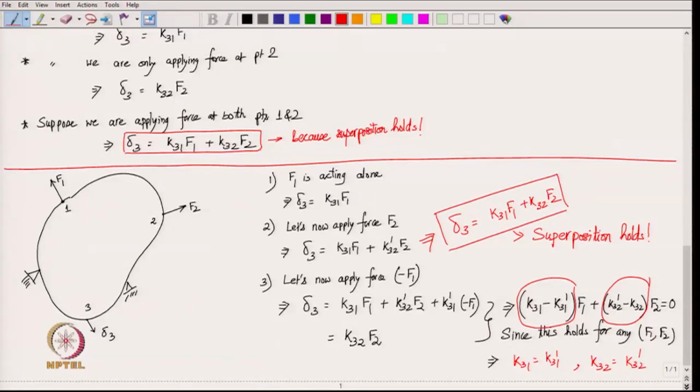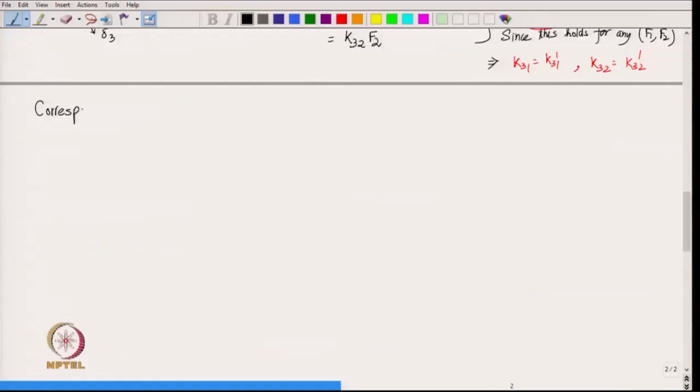All right. There is another concept of what is called corresponding displacement.